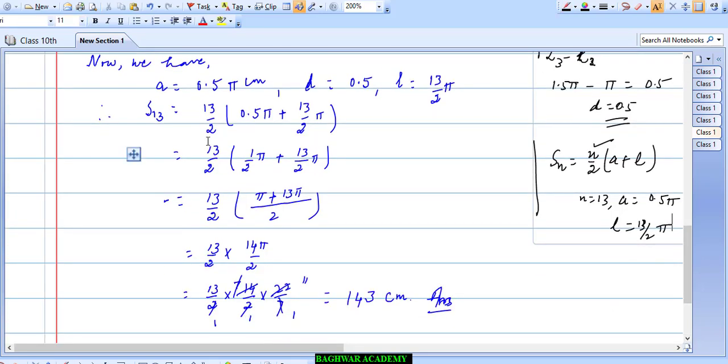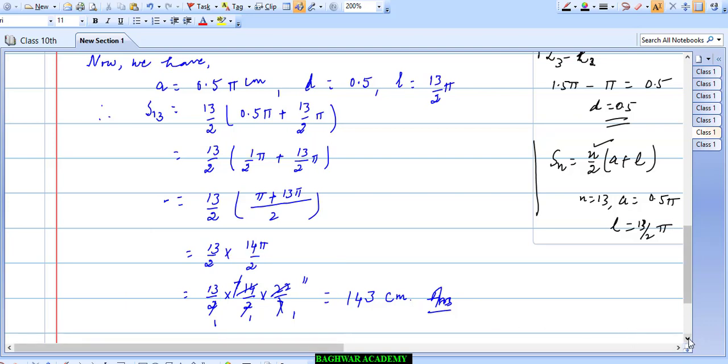So we have 13 by 2 into 0.5 pi plus 13 by 2 pi. Here 0.5 pi can be written as 1 by 2 pi, or 13 by 2 could be written in decimal form; either way you feel easy. So 1 by 2 pi plus 13 by 2 pi, finally gives 13 by 2 into 14 pi by 2.